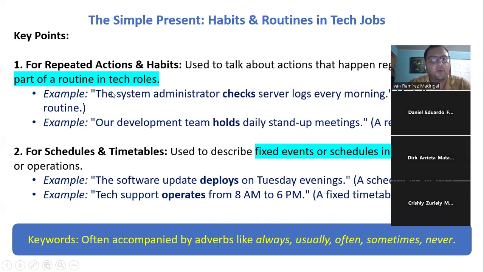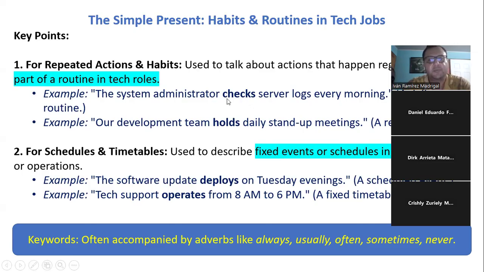First one, for actions and habits, and this is actions that are repeated as a constant in life, right? So this applied to computer science is seen in examples like the system administrator checks server logs every morning. That's part of his role, right?